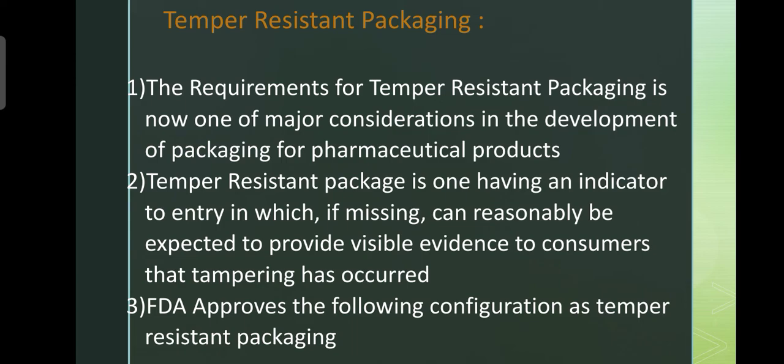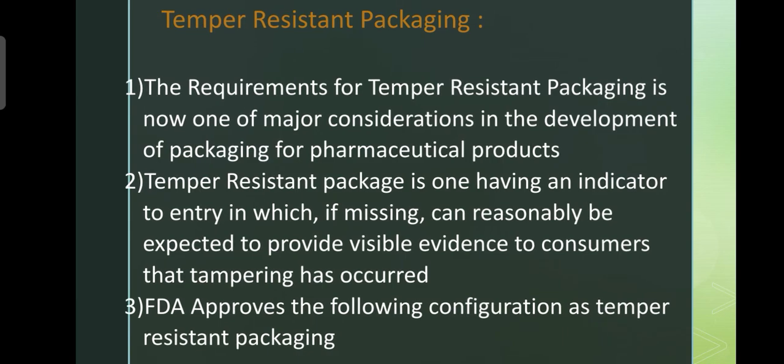Major considerations in the development of packaging for pharmaceutical products. Second, a tamper resistant package is one having an indicator or barrier to entry which, if missing, can reasonably be expected to provide visible evidence to consumers that tampering has occurred. Third, the FDA approves the following configurations as tamper resistant packaging.